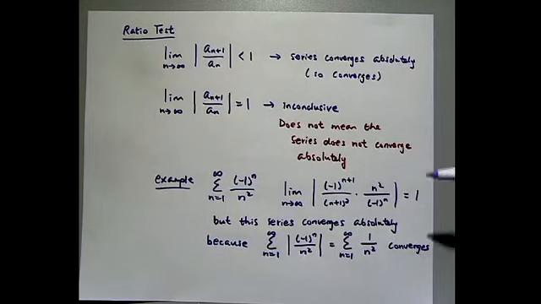Right? So even though the ratio test gives me a 1, it still converges absolutely, therefore converges.